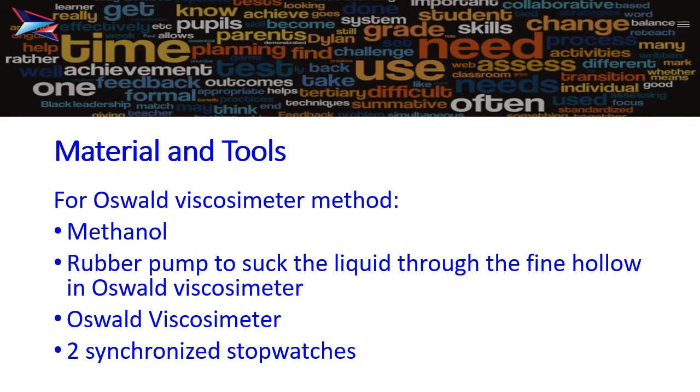Materials and tools for the Ostwald viscometer method: in this method, we are using methanol as the material, a rubber pump to suck the liquid through the fine hollow in the viscometer, the Ostwald viscometer itself, and 2 synchronized stopwatches.